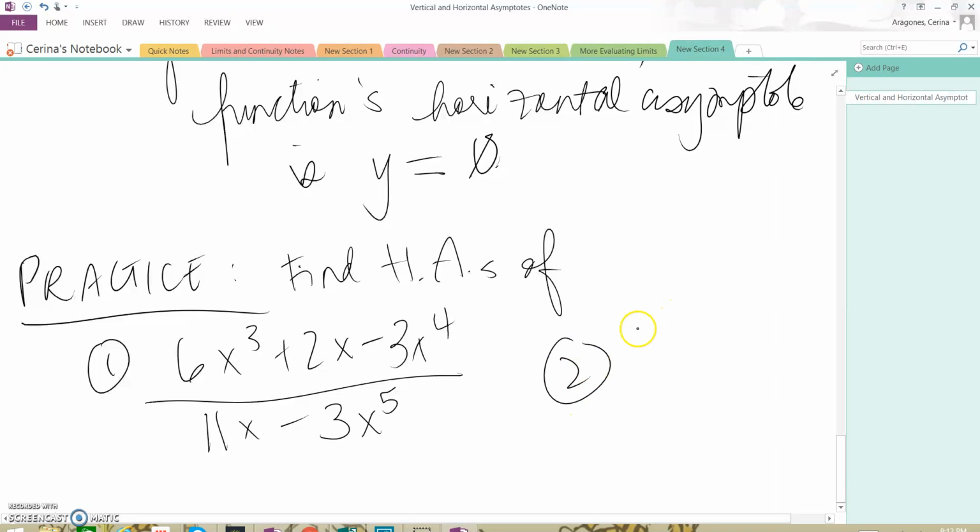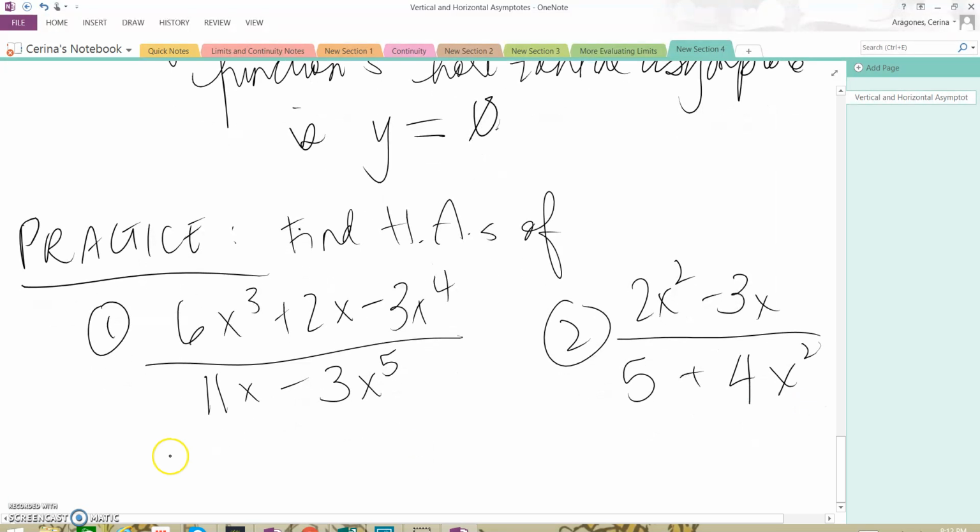So you can try this on your own and try to find the horizontal asymptotes of these two problems.